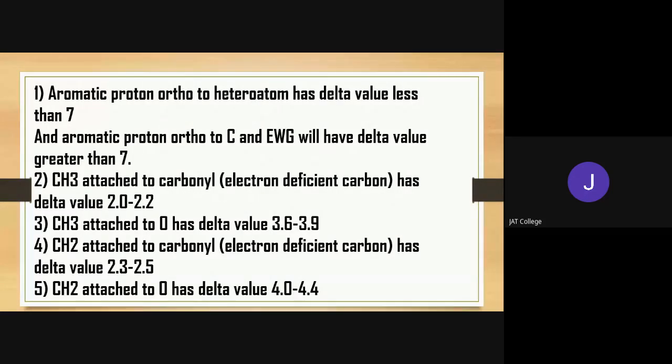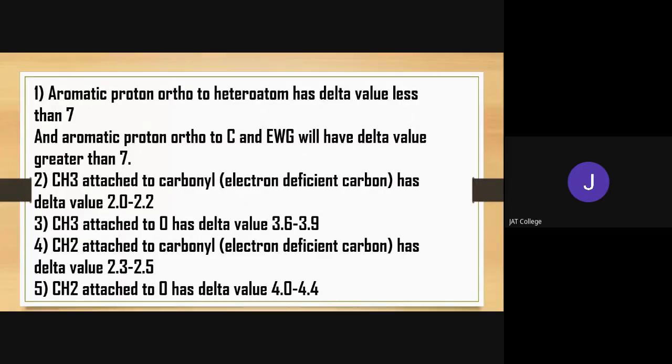In this slide, there are 5 basic points. You can take a screenshot of this slide because it is very important as far as NMR is concerned. If you remember these 5 points, most of your NMR questions will be solved within a fraction of a minute.